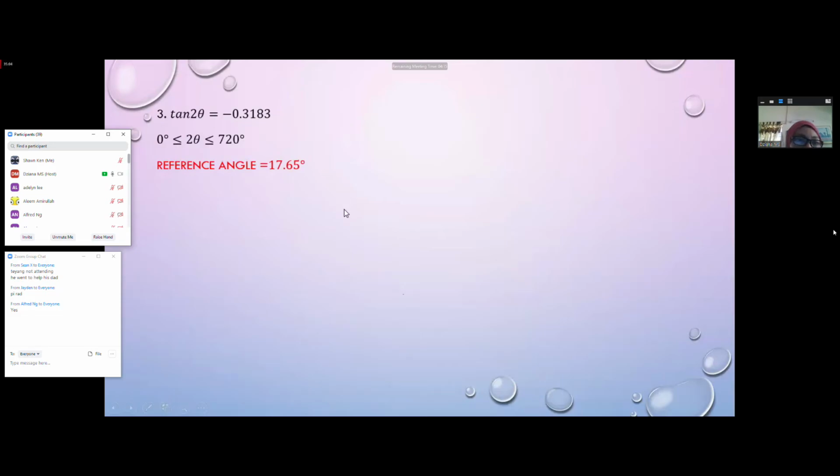Okay, tangent negative. Determine the quadrant. At which quadrants is tangent negative, class? Second and fourth. Okay, so your answer should be at the second and fourth quadrant.